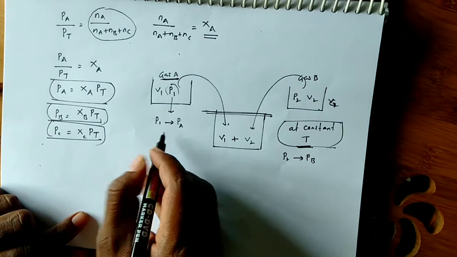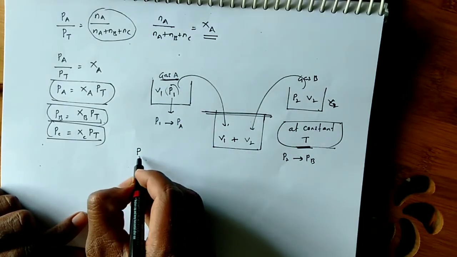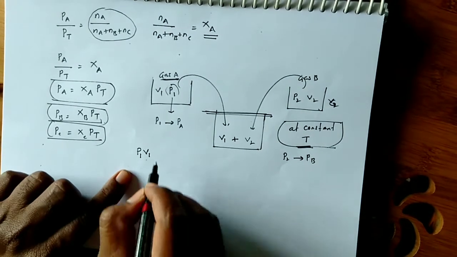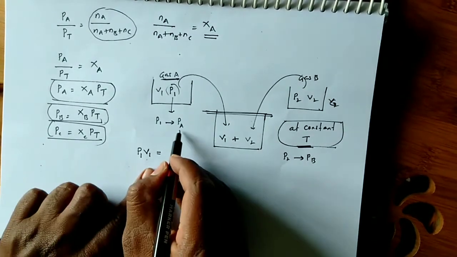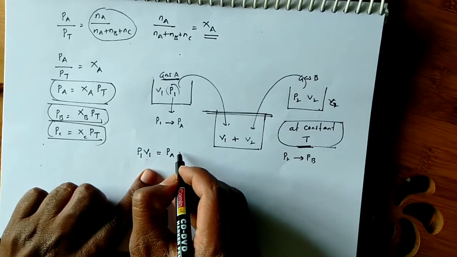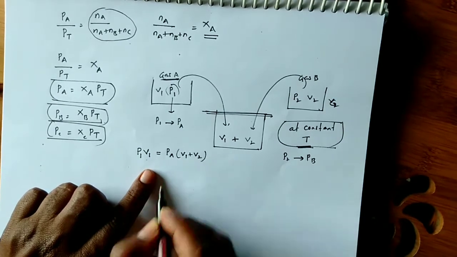Now what is the partial pressure of gas A in this mixture? We know that before addition the pressure of gas A is P1 and its volume V1, and it changes to partial pressure of A into total volume V1 plus V2.